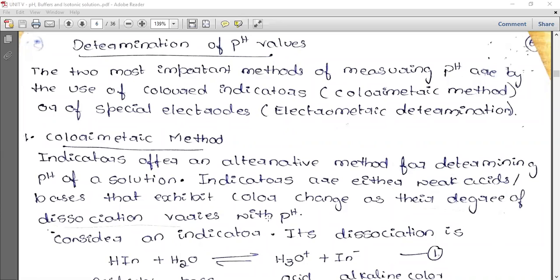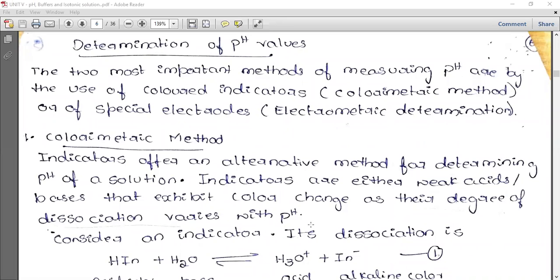For example, before you start the experiment, you add phenolphthalein to the HCl. What would be the color of the contents in the conical flask after adding phenolphthalein? I'm not talking about the end. No color, ma'am.